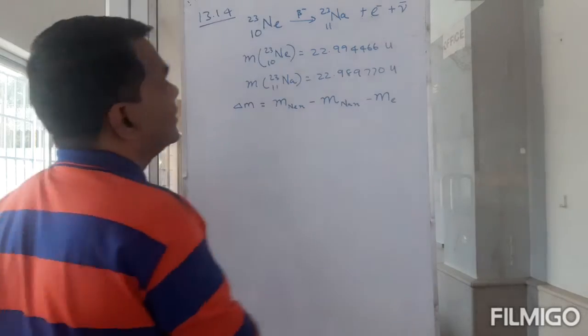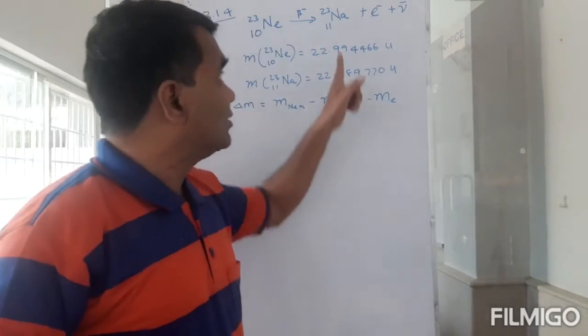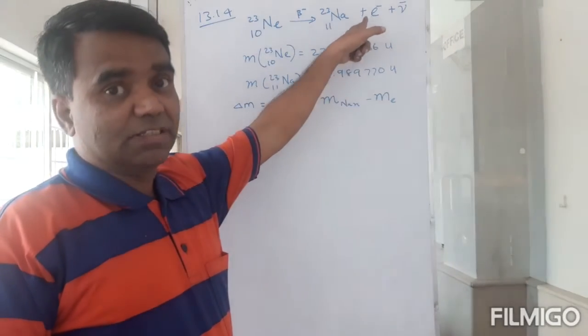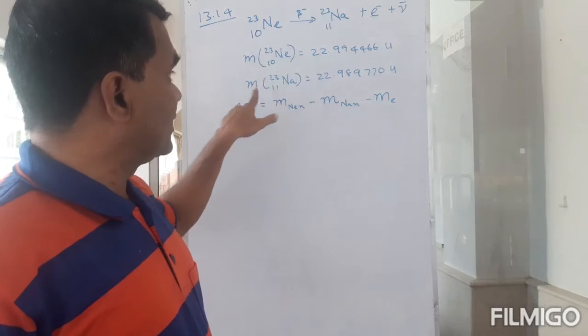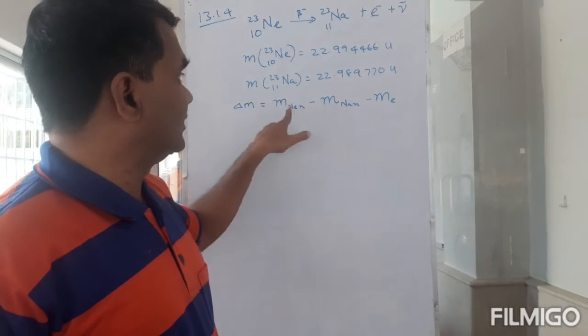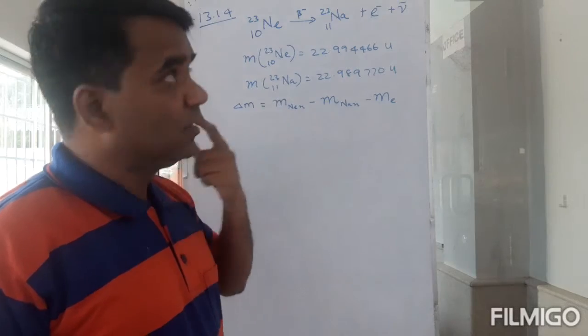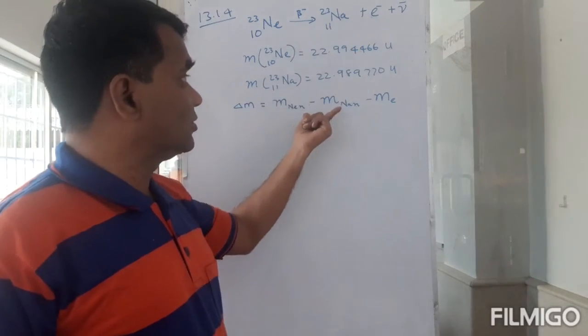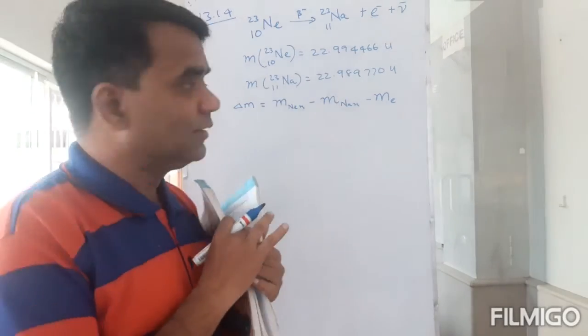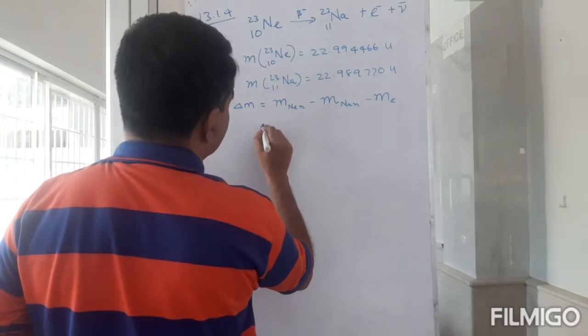I'm going to ignore antineutrino. Why? Because the electron emission is taking place. That is why you need to be careful about this. You have to take nuclear mass. What is given here is atomic mass all the time. But the moment you have beta, then this is what you should be doing.